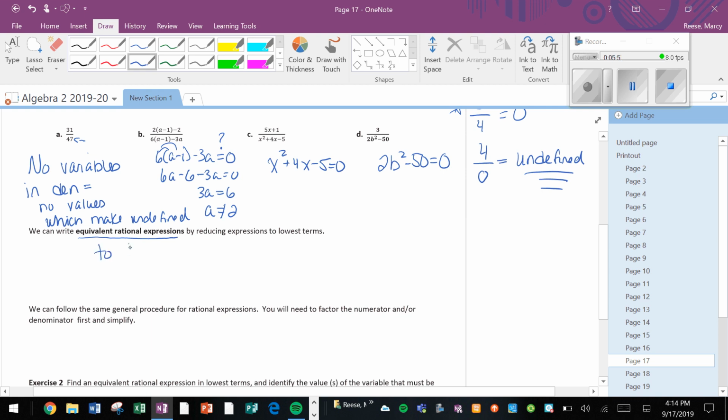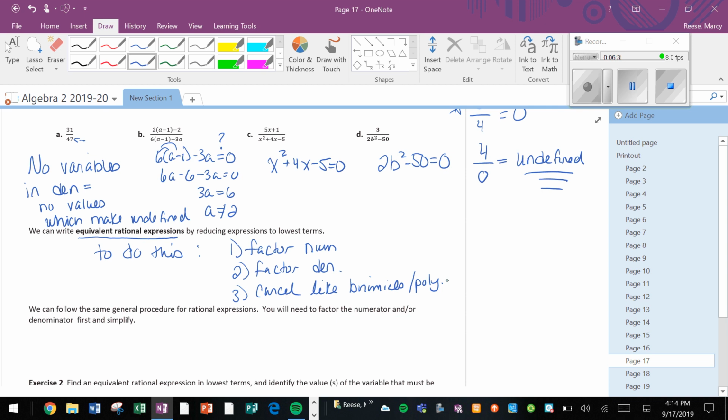To do this, you're going to factor the numerator, factor the denominator, and cancel like binomials or polynomials. Right? And that's how you can write equivalent rational expressions. So this is basically reducing by factoring, is what I would call it. Okay?